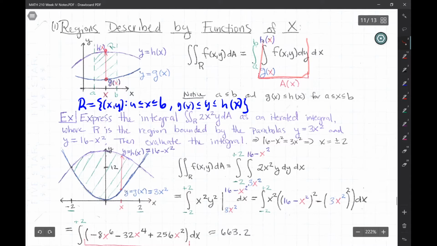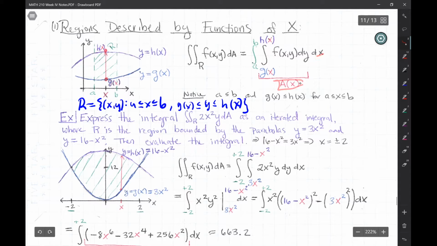The result of this inner integral is going to be the area of a slice of the graph of the function at this red x that we fixed at. Okay, so it's going to be the area of that slice, and that's where we're getting this A of x. And then to get the whole volume, we take that area and multiply it by dx, which is the width of the slice.